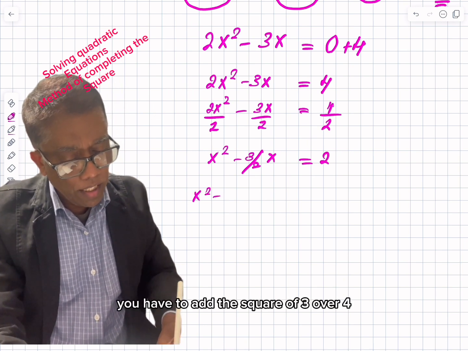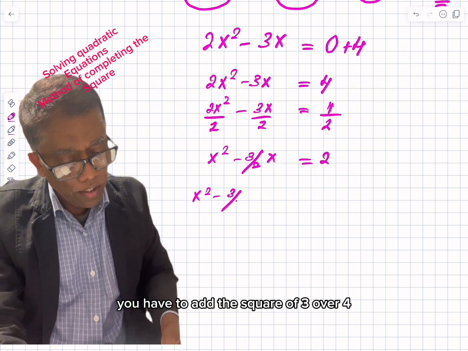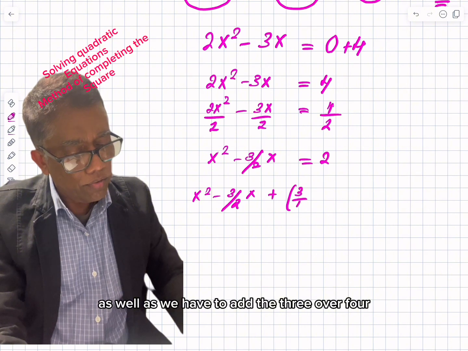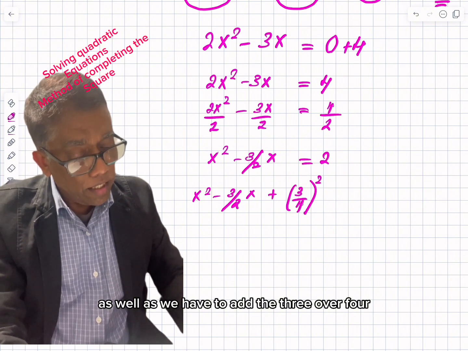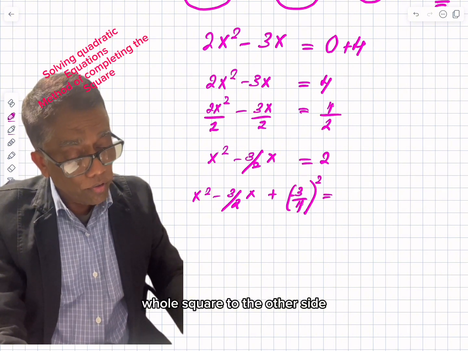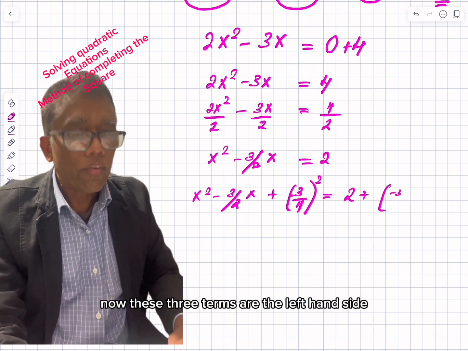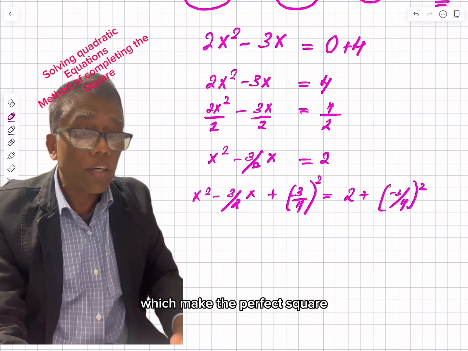We have to add the square of 3 over 4 to the left hand side, as well as add the 3 over 4 whole square to the other side. Now these three terms on the left hand side make the perfect square.